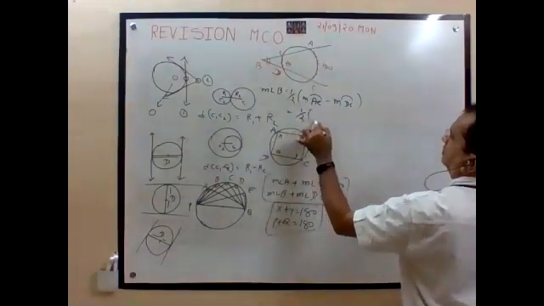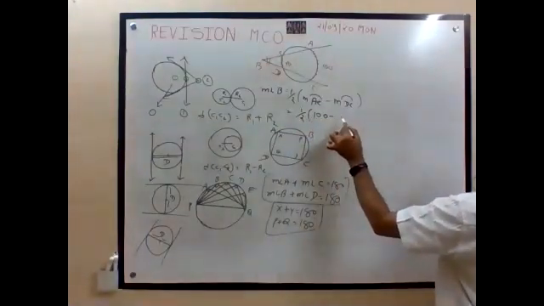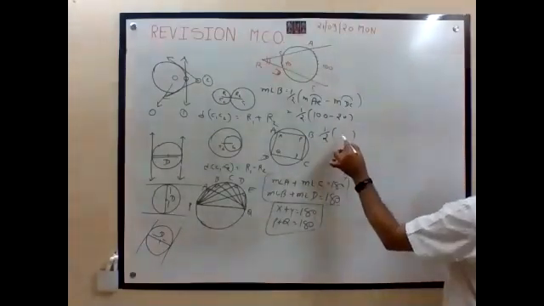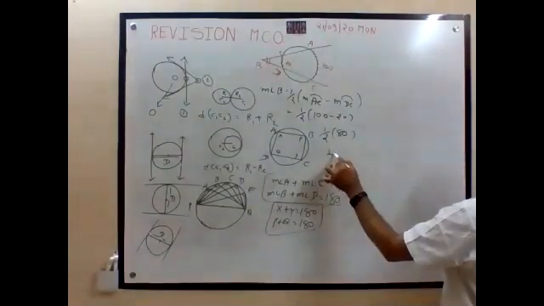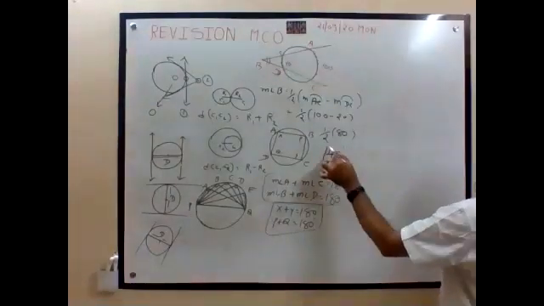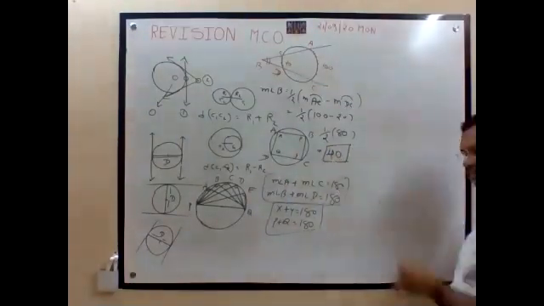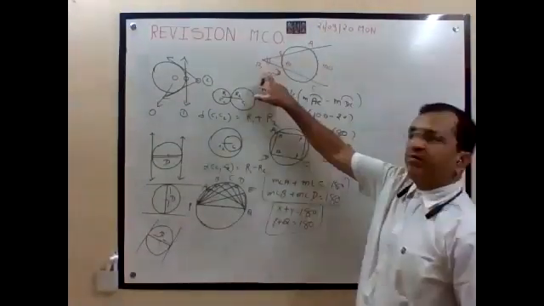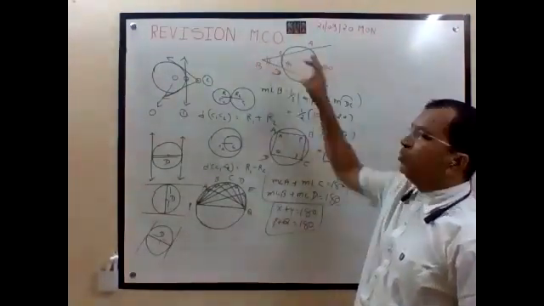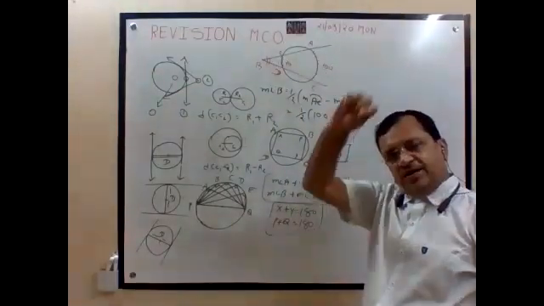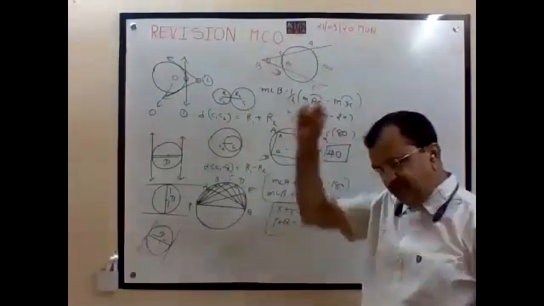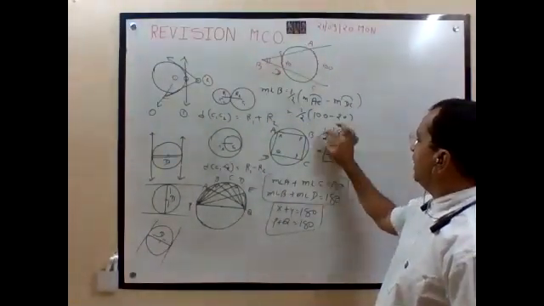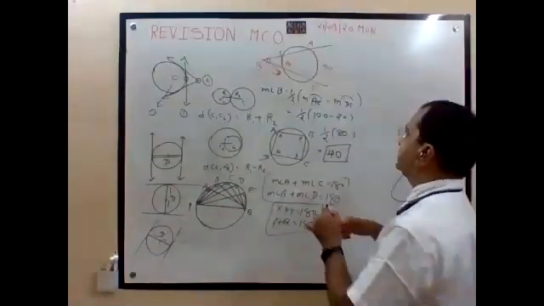So half of 100 minus 20. When the angle is from outside, two arcs are intercepted, the bigger arc minus the smaller arc, whatever the answer, half of that is the angle. So measure of angle B.